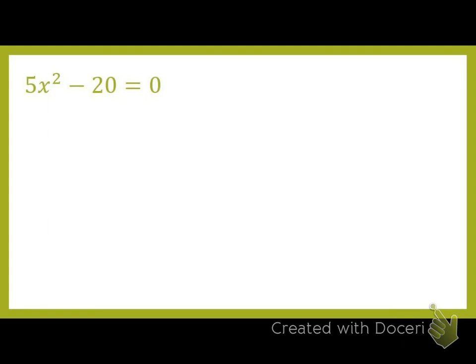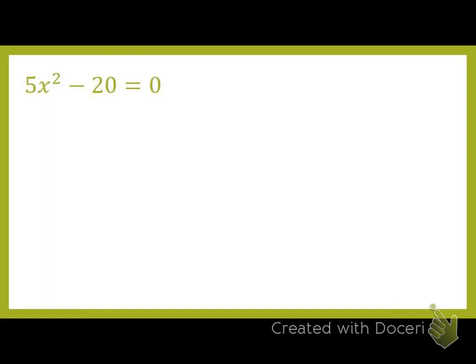And like last time, we tried to sort of equate that or relate that back to our algebra type equations. And we'll do the same thing here, right? So for example, if I gave you an equation like 5x squared minus 20 equals 0, how would you want to go about solving that?